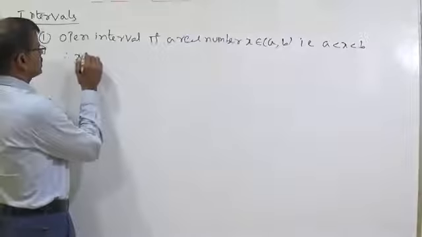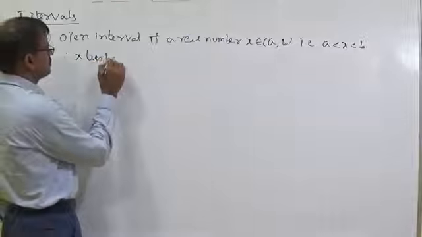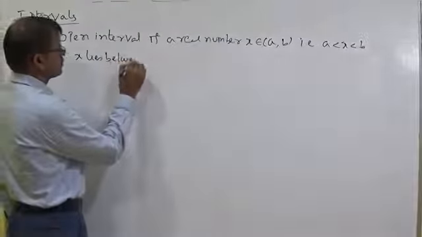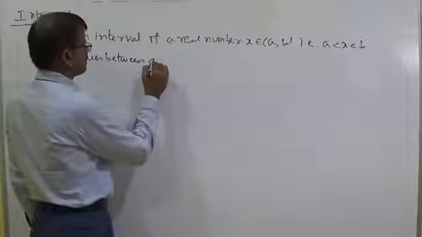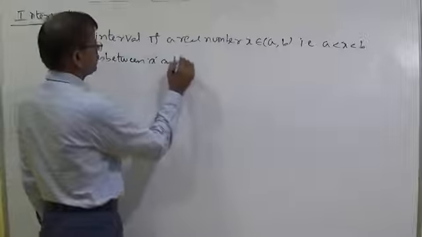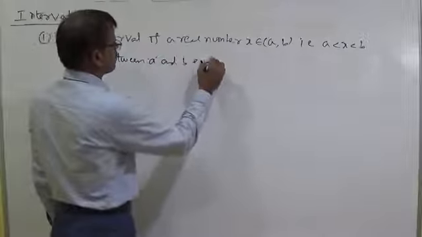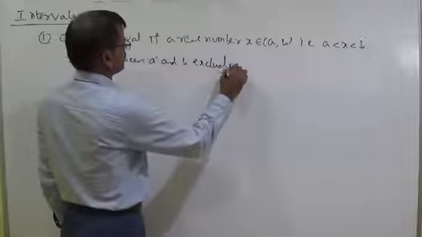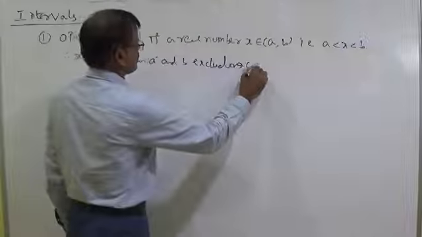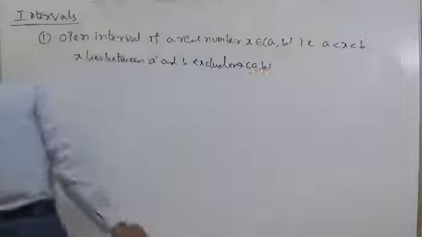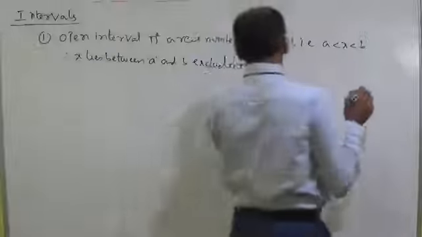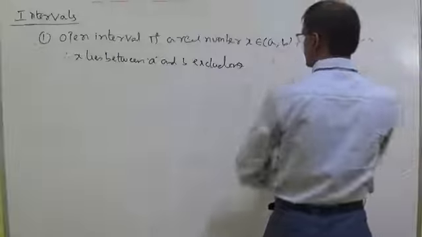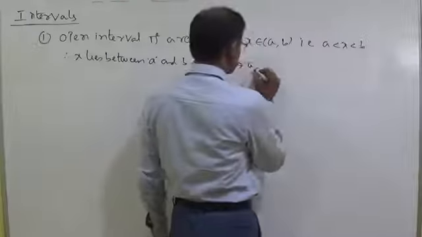Therefore, x lies between a and b, excluding a, b. Excluding a, b, should not put bracket. Separate a and separate b.